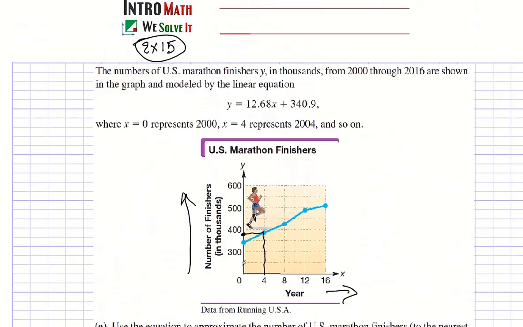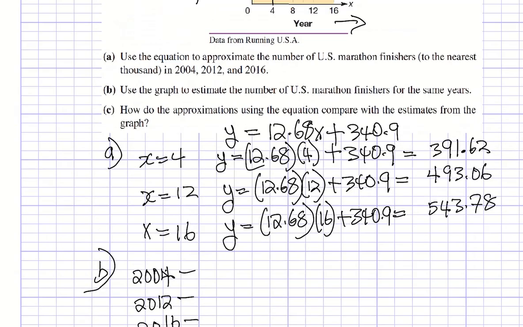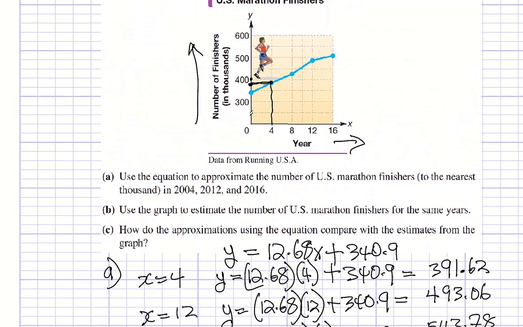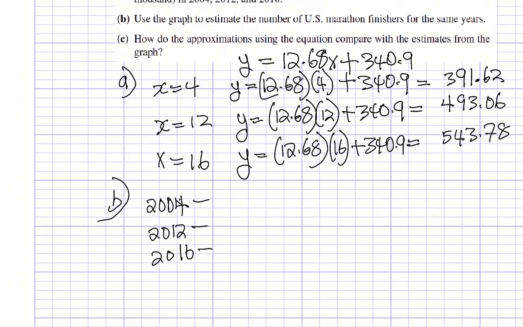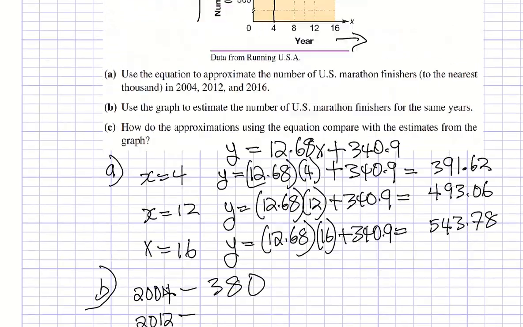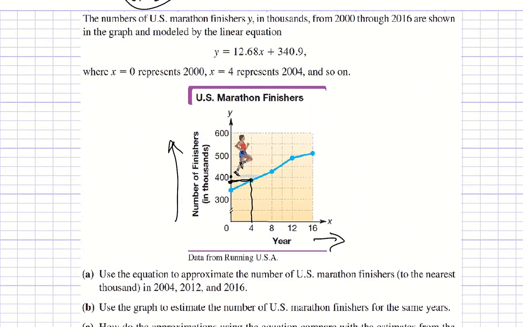It's a little bit high. Let me see. 300, because it's more than half, 350, so a little above 3. So it will be about, let's say, 380. And then this one here, 2012, you go up here, and it's actually close to 500, okay?